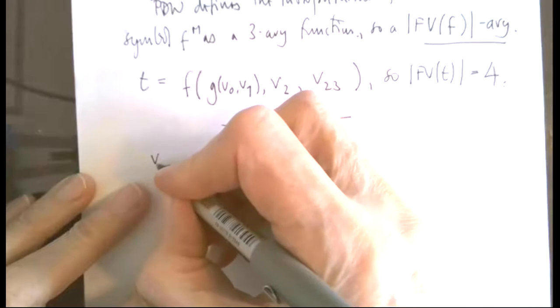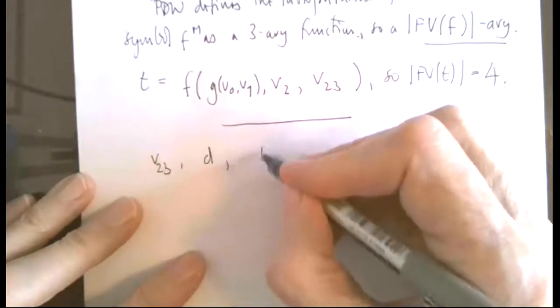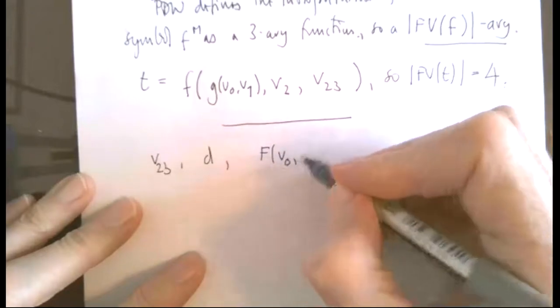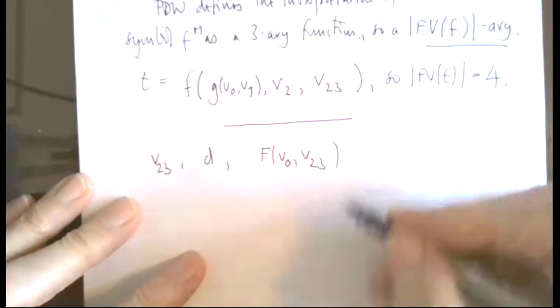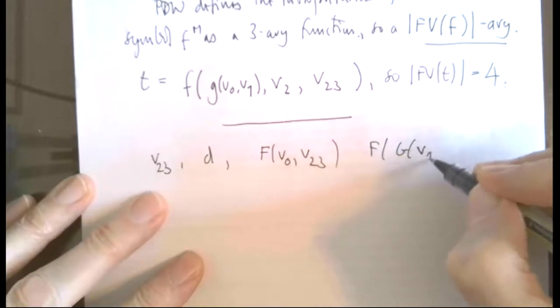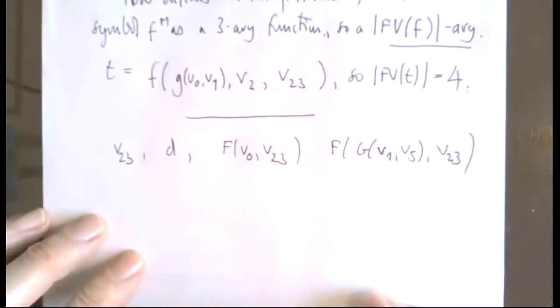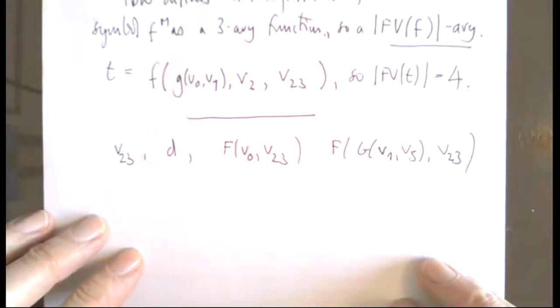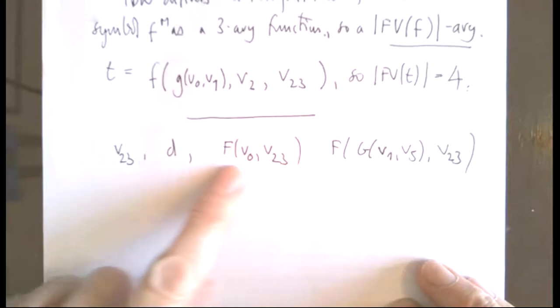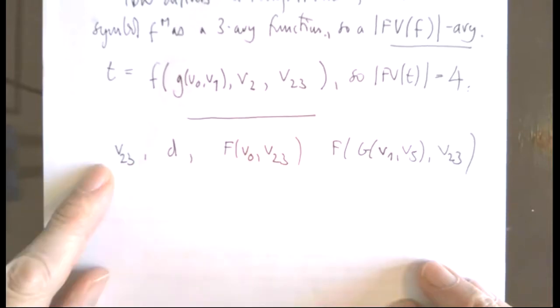It's something like this: a variable, a constant symbol, or maybe a function of 2 variables, or something like this, right? So here, wherever variables occur, they are not bound, they're free.